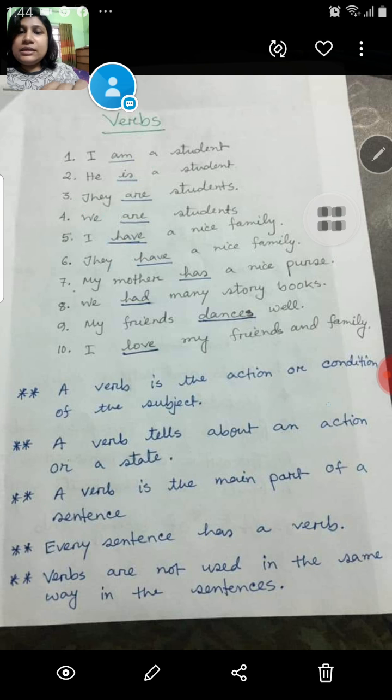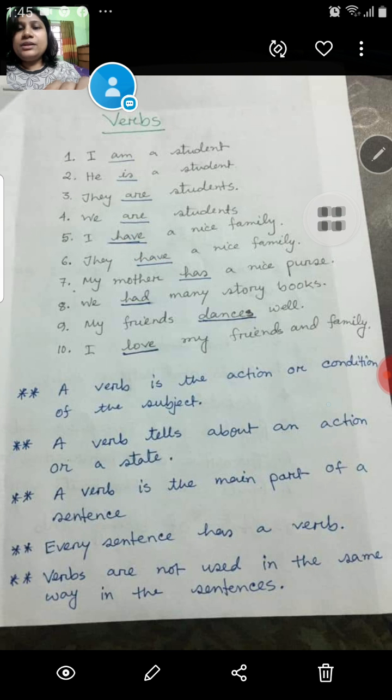Okay, but here you can see another example, numbers 5, 6, 7, these three examples. I have, they have, my mother has, these are have verbs, and they are showing possessiveness. They are also one kind of stative verbs, but they are showing possessiveness. Okay, that means state of having something. Whose book? My book.